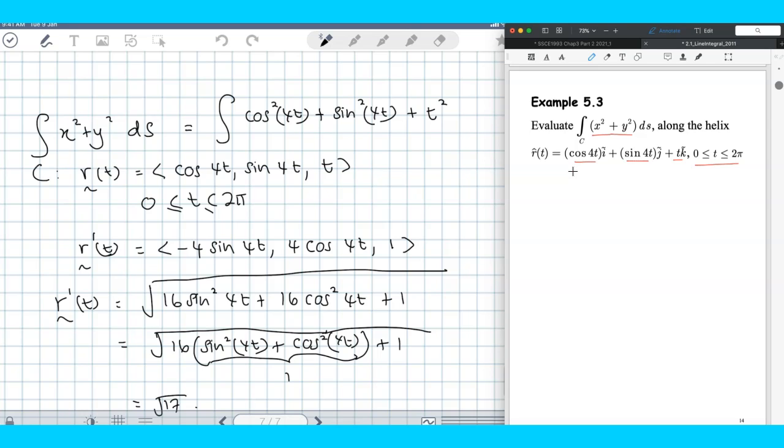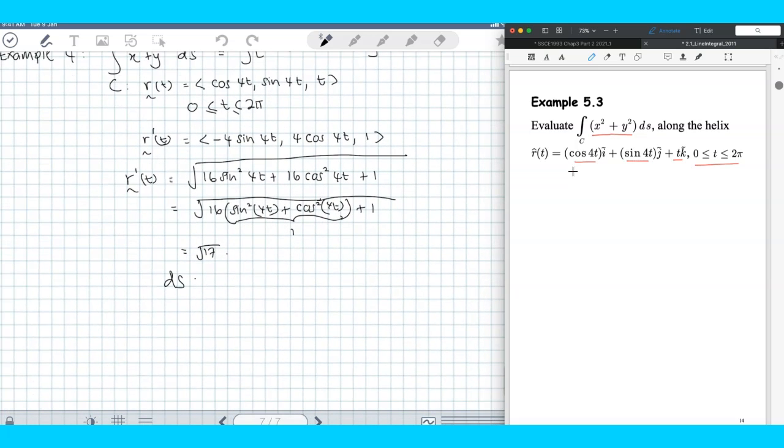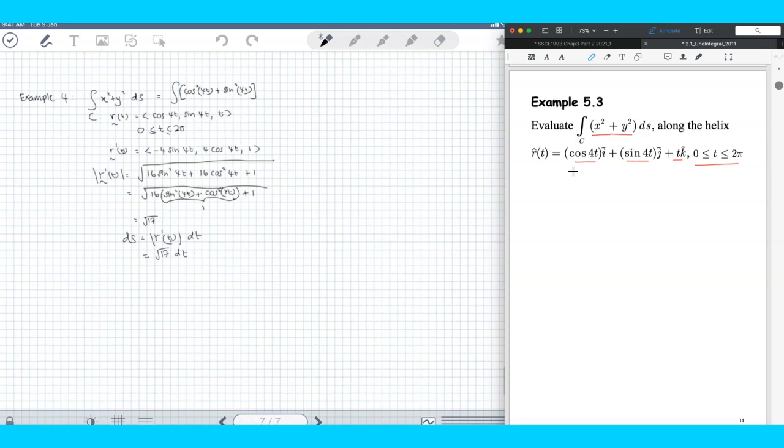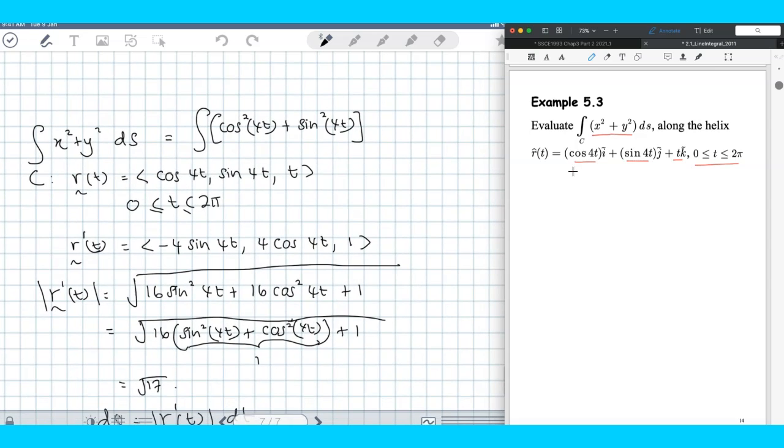Sorry, that is only x squared plus y squared, so there is no z. Okay, and then what is ds? ds is the magnitude of r prime, dt, where from the magnitude just now we have square root of 17 dt. So you can replace your ds with square root of 17 dt. So t is from 0 to 2 pi.